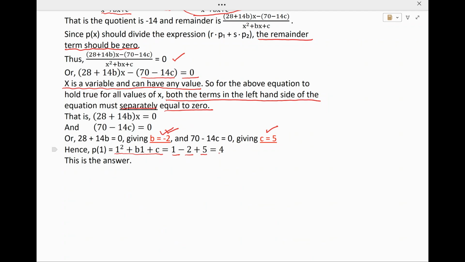Therefore, the total value becomes 1 - 2 + 5, which is equal to 4. So, P(1) is 4, and that is the answer.